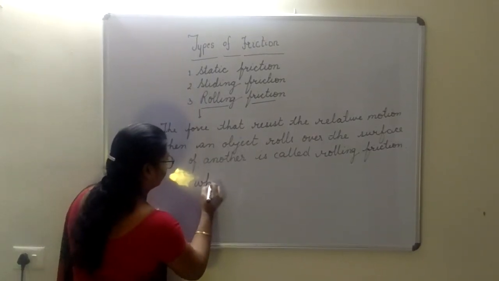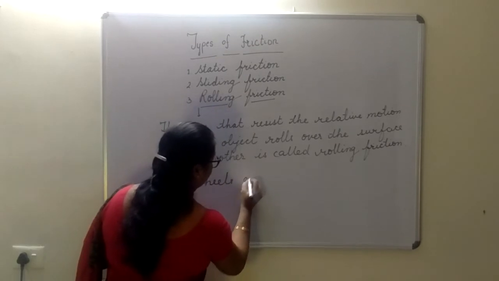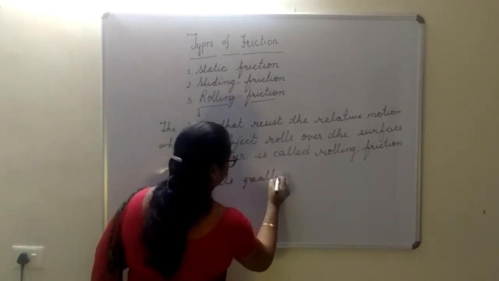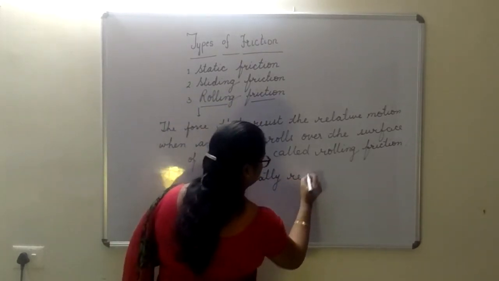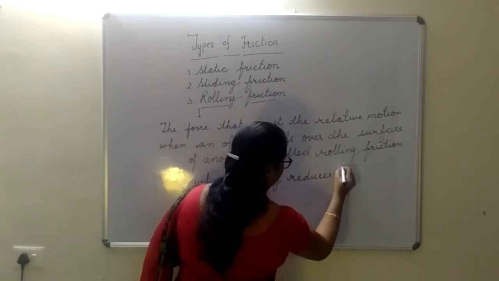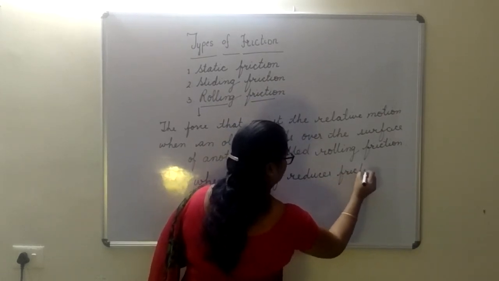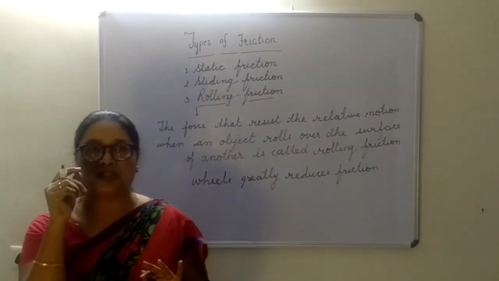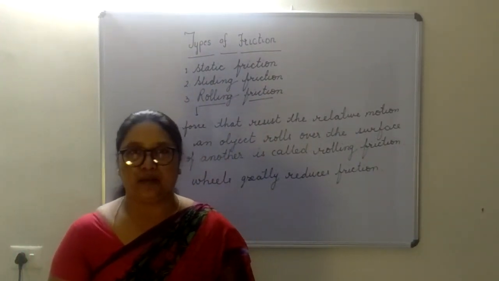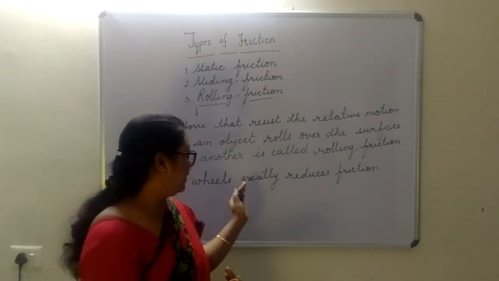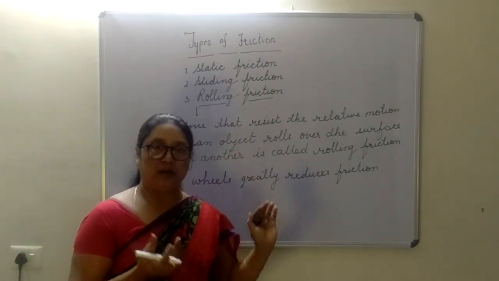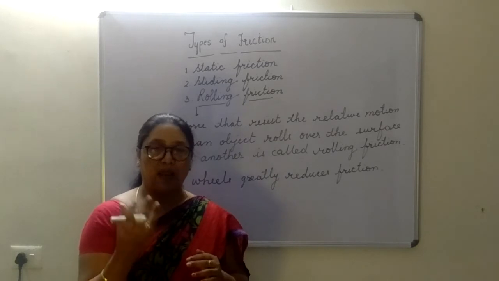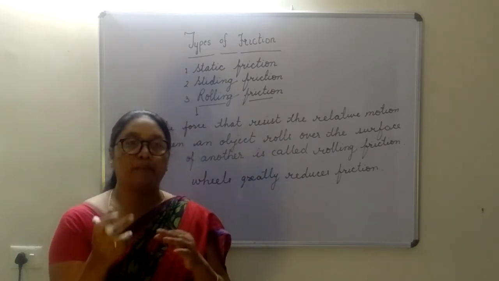Some examples which reduce friction are wheels, ball bearings, and cylindrical pencils also.